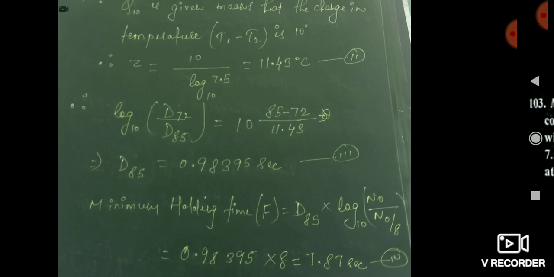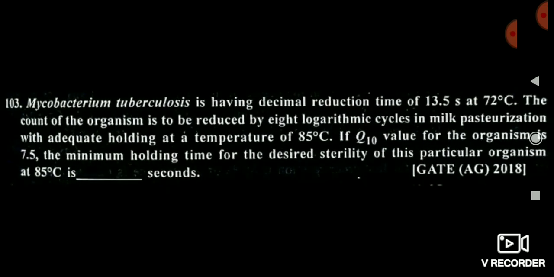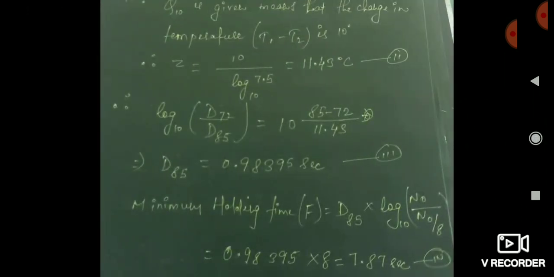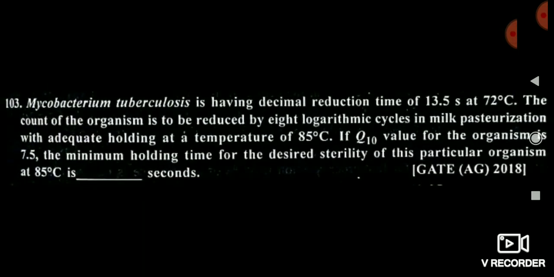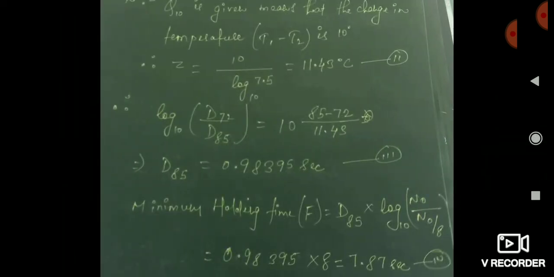And friends, it is asking the minimum holding time, means it is asking the processing time, that is F. F is equal to, here you see that for 8 log reduction it is asking, means here 8 logarithmic reduction means log base 10 of N naught divided by N naught by 10 to the power 8. Friends, sorry, I have written it by mistake here.